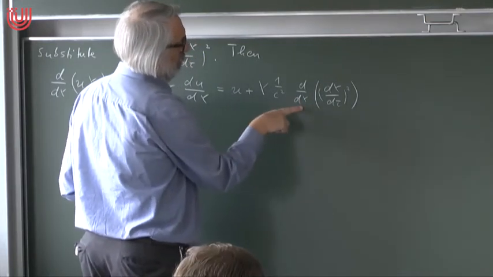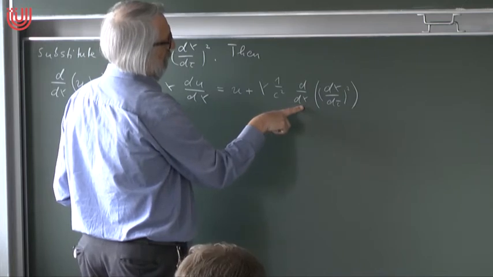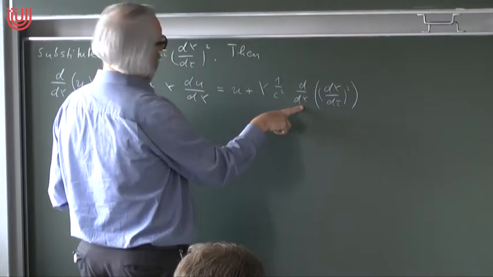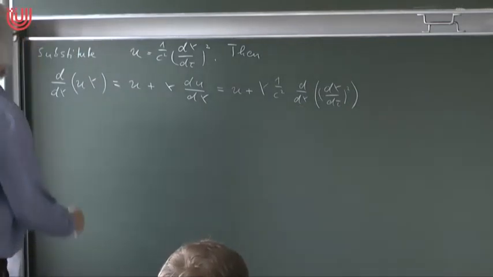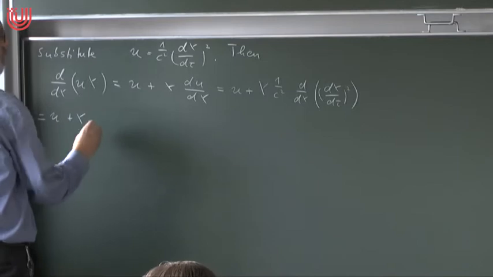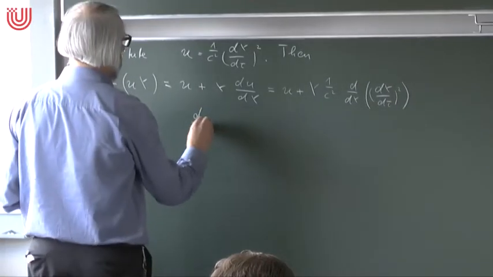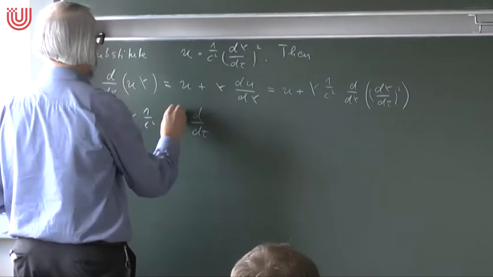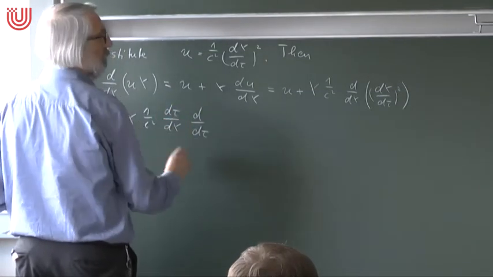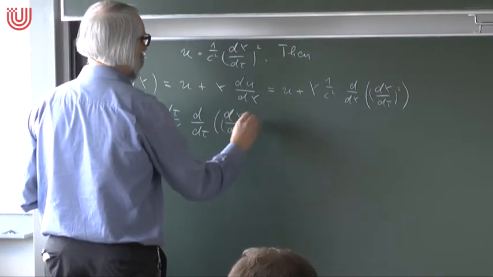So I differentiate with respect to tau, and then I differentiate dy by d tau after that. So I get what? I get u plus y 1 over c squared. Okay, let me write it. I differentiate with respect to tau, and then d tau by dy. (dy by d tau) squared.